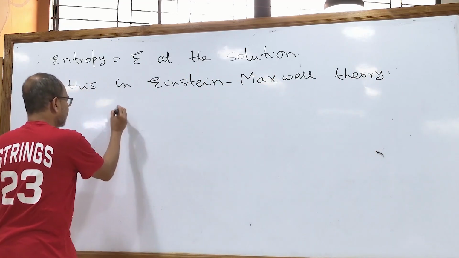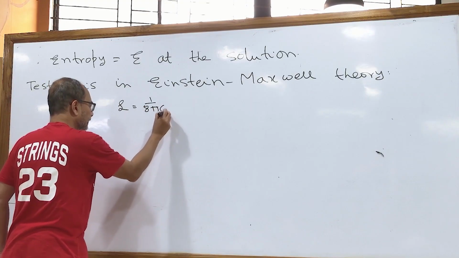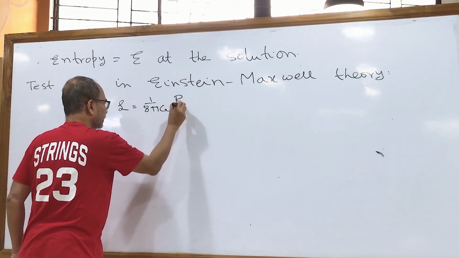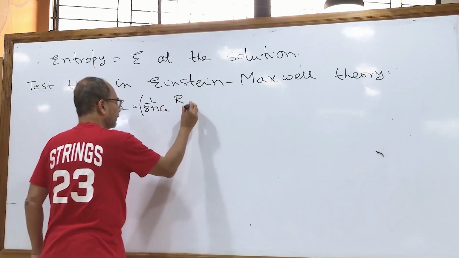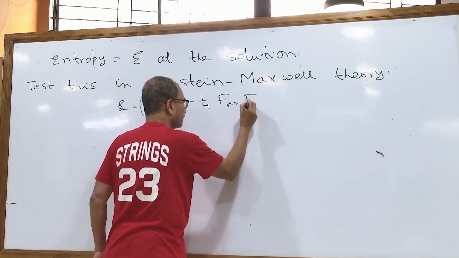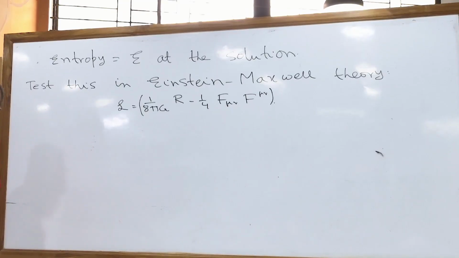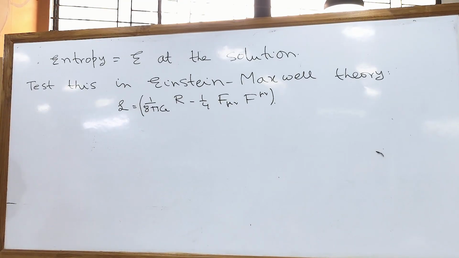There, the Lagrangian density was 1 over 8 pi G R minus 1/4 F squared. So you substitute these forms, and you will compare with what we had gotten earlier.